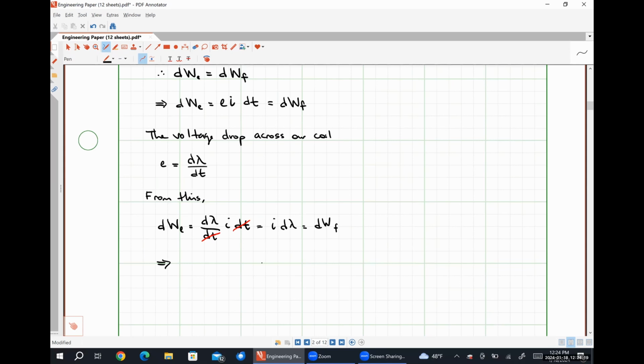Flux linkage. Okay. So I'm going to draw a plot here that's known as a flux linkage current curve.